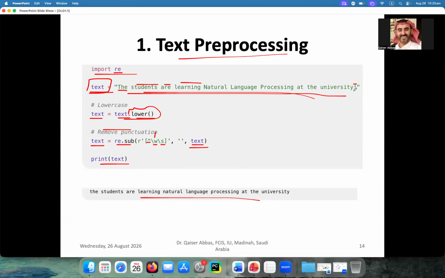So you can open up Google Colab if you want. Here we are making a regular expression, because we were using a library, regular expression. By the way, in NLP, the second chapter is about regular expressions, how to write them.